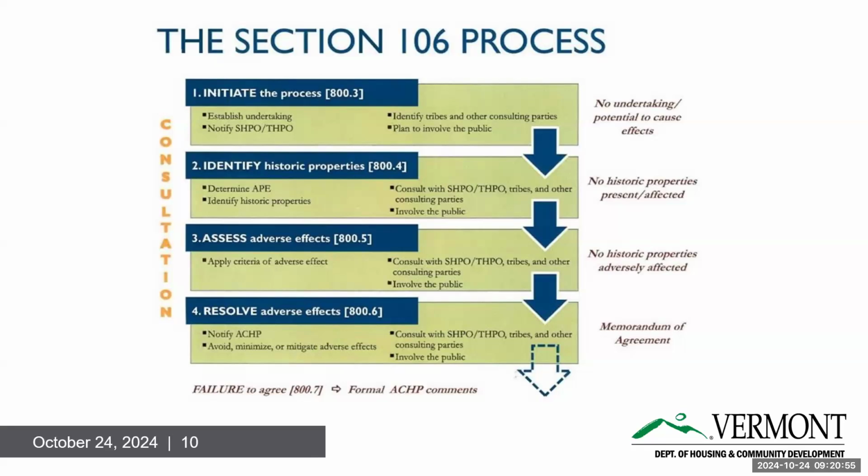However, if it's an adverse effect, truly, we cannot avoid that. We have to address it as an adverse effect. And we can then figure out how to mitigate it. It doesn't mean the project can't happen. We just have to study it and figure out how to mitigate that, avoid, minimize.